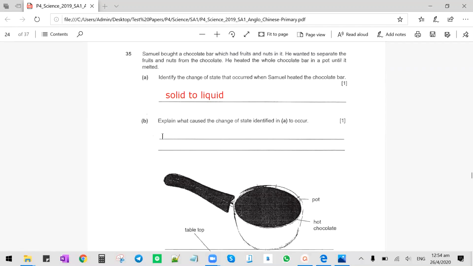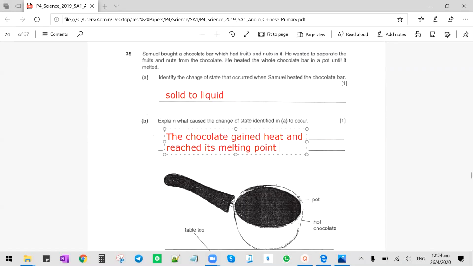Explain what caused the change of state identified in A to occur. What caused it to occur? The chocolate gained heat, okay, and reached its melting point, okay, very important.